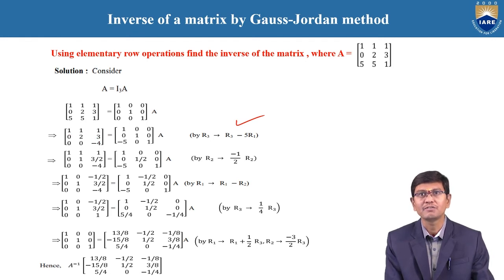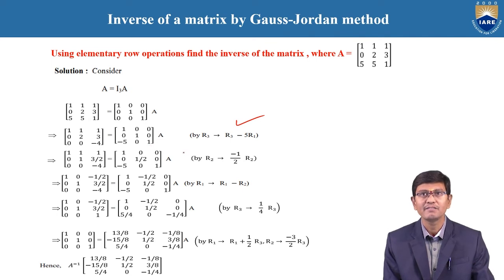By using R3 = R3 - 5R1, the entire third row is changed to 0 0 -4... that is 5 5 1 becomes 0 0 -4. Similarly, on the right side we are not disturbing R1 and R2; only with R3 = R3 - 5R1, the third row becomes -5 0 1, into A.